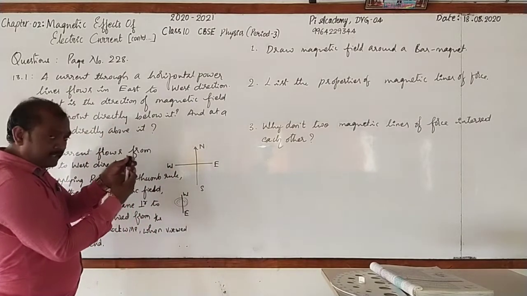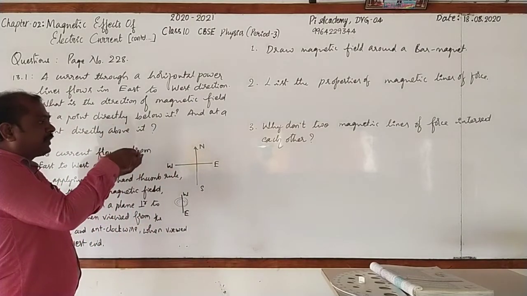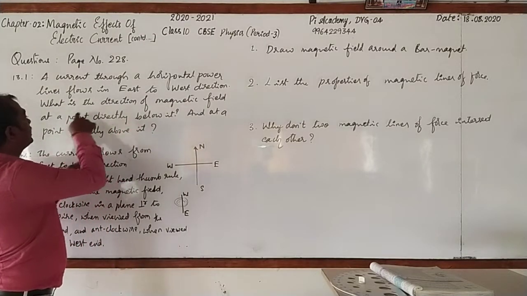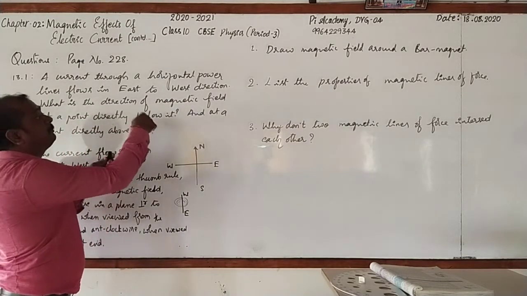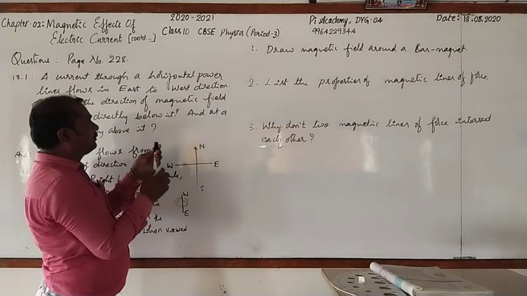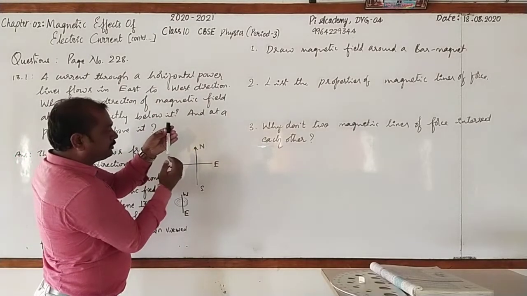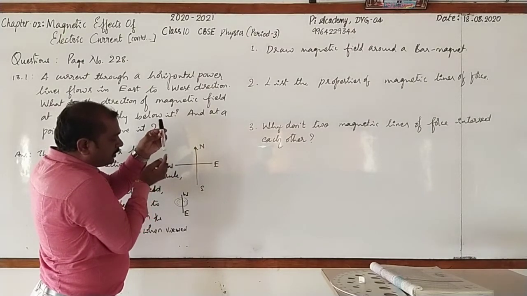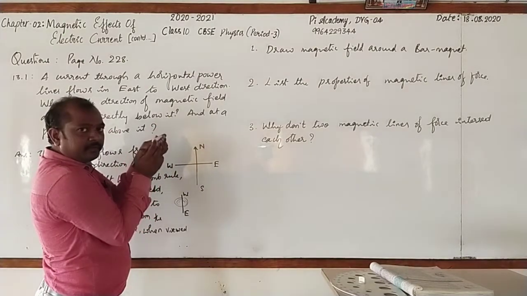Anti-clockwise. See that here they are given what is the direction of the magnetic field at a point directly below it and at a point above it. Below it means we have to see the lines of force from the east end, from here.